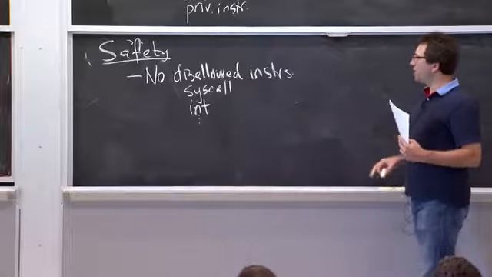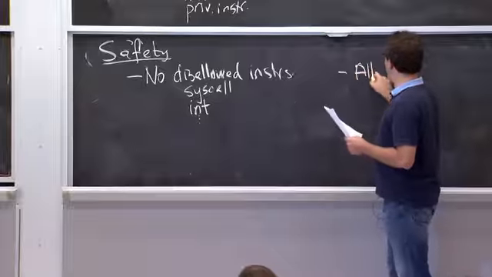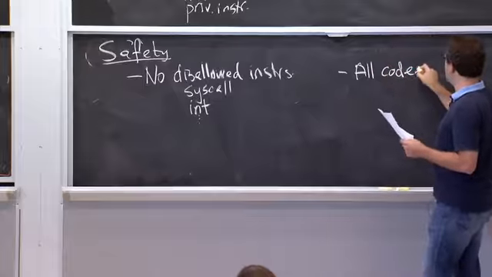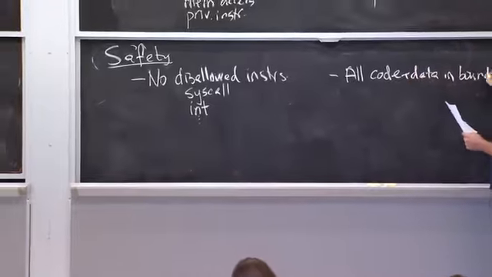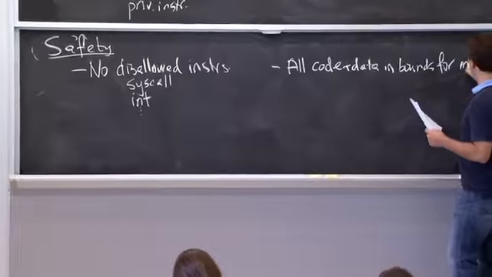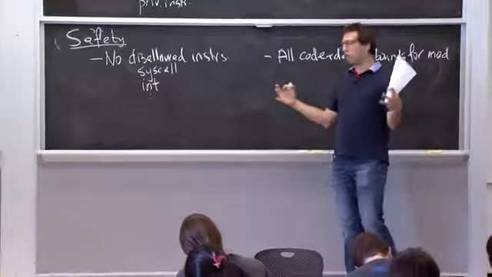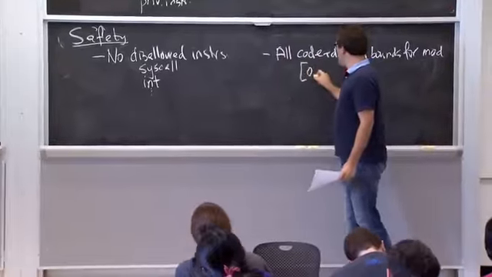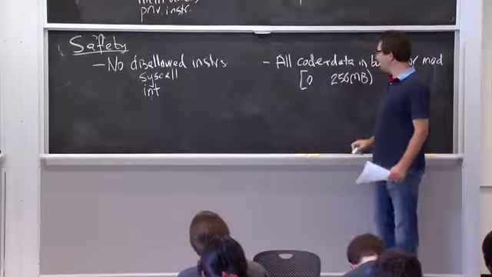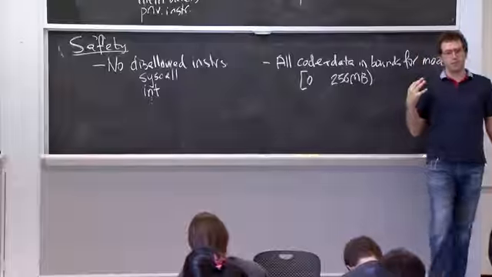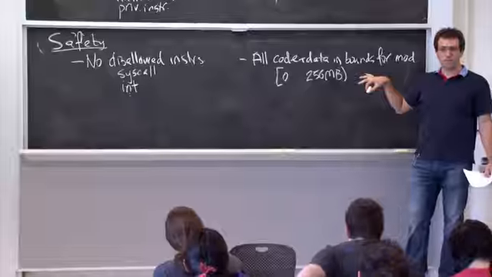In addition to this no-disallowed-instructions rule, they also want to make sure that all code and data accesses are in bounds for the module. What this means is that they dedicate a particular part of the program's address space, specifically from 0 up to 256 megs in the process. And everything that this untrusted module does has to refer to locations within this chunk of memory.